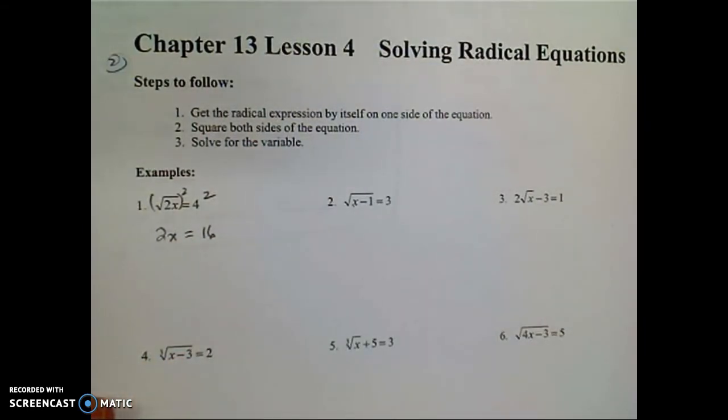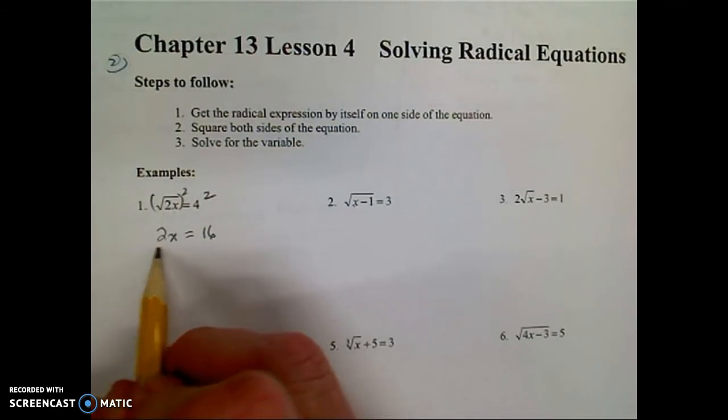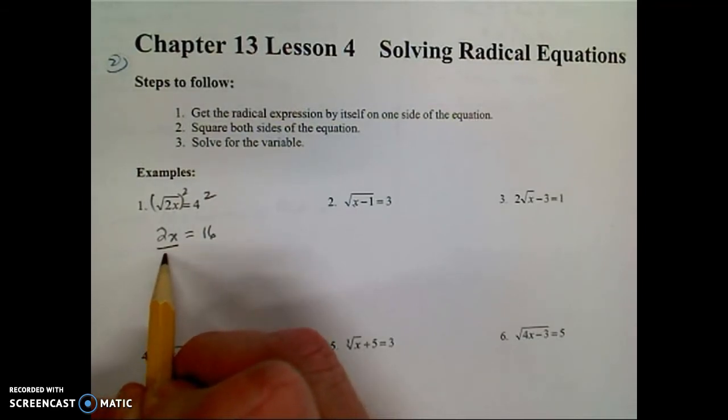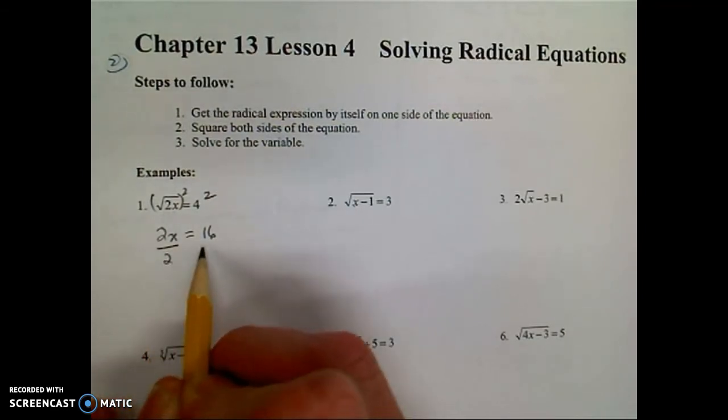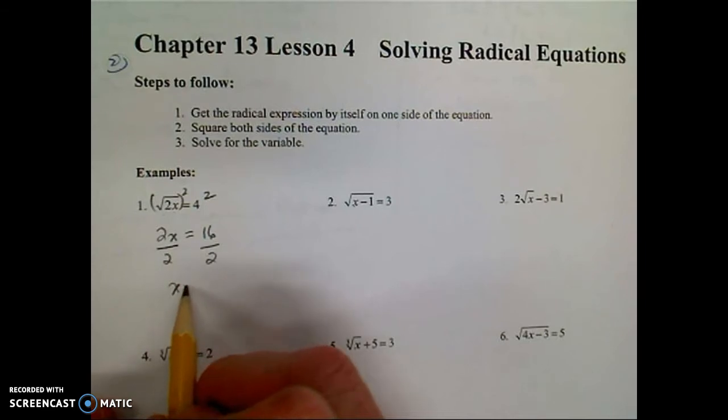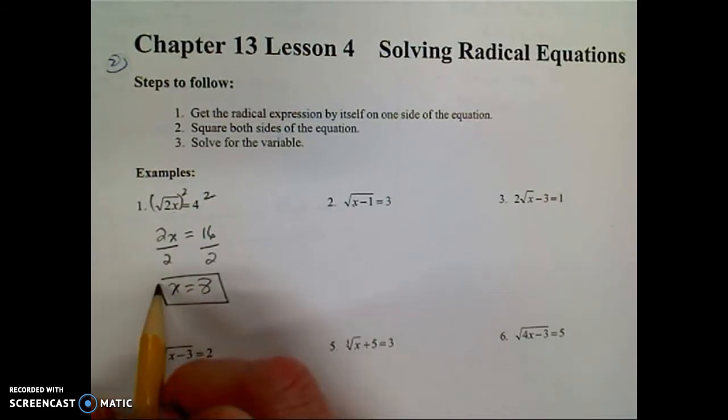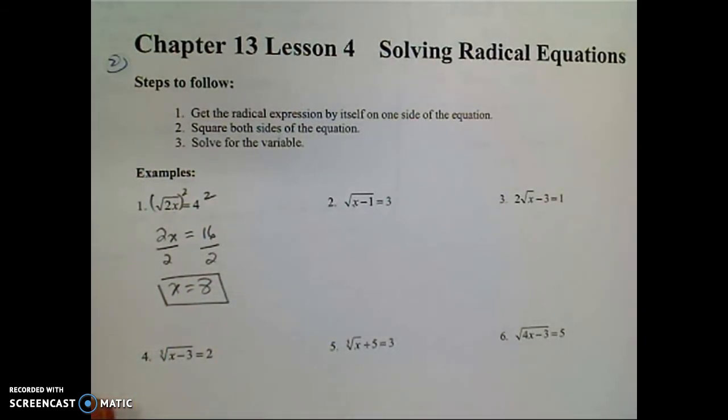So 2x equals 4 squared, which is 16. Now I can go ahead and divide both sides by 2. And I end with x equals 8.